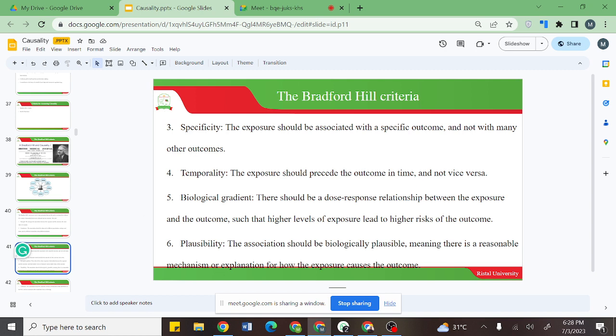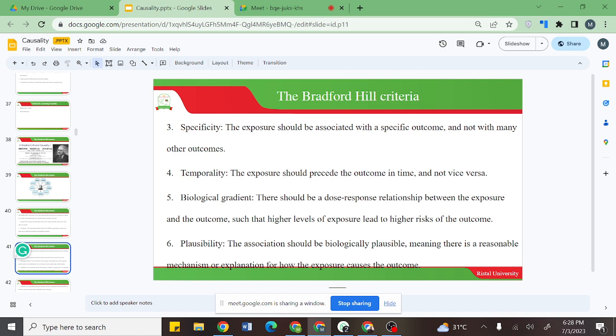And then the fourth one, which is temporality, which is that the person should first be exposed before the disease happens. It does not happen the other way around. Still using the example of smoking and lung cancer, the smoking must have been there before the lung cancer developed, not having the lung cancer and then followed by the smoking, and then you say that the smoking caused the lung cancer.